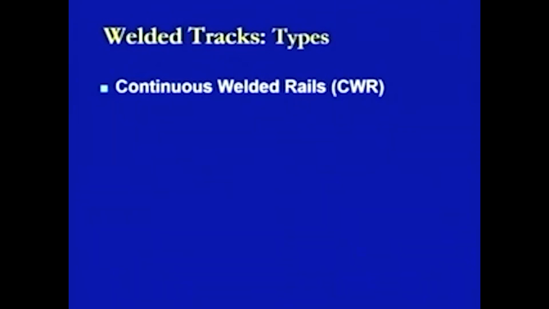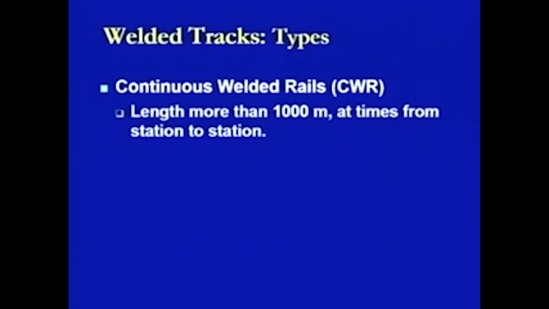Now, the higher category of LWR is termed CWR, that is, continuous welded rail section. This continuous welded rail section may be of a length more than 1000 meters, and at times it may run from one station to the other. In the case of short welded rails, as we have seen, the length is up to 130 meters, whereas in the case of long welded rails the length may go up to 1000 meters.